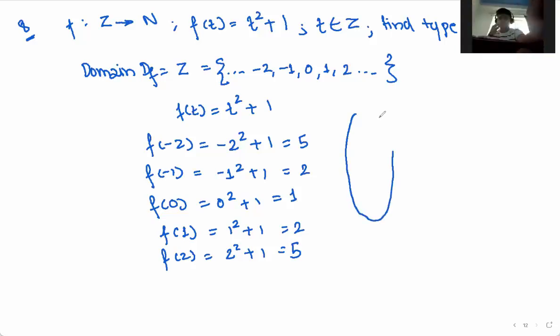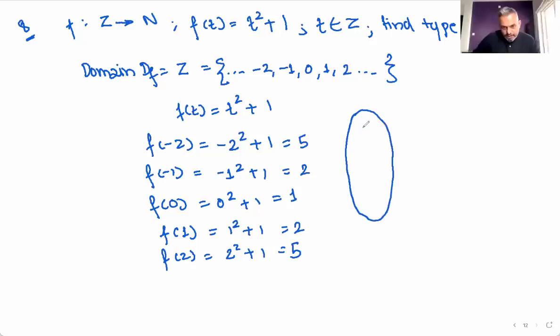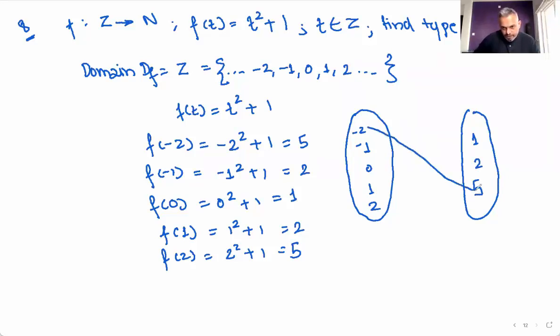Very good. I'll just draw a diagram: -2, -1, 0, 1, 2, and over here you have 1, 2 and 5. So -2 also goes to 5, 2 also goes to 5. Then -1 also goes to 2, plus 1 also goes to 2.